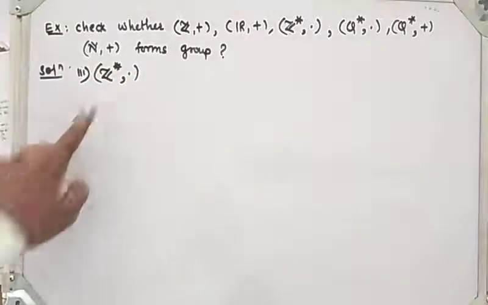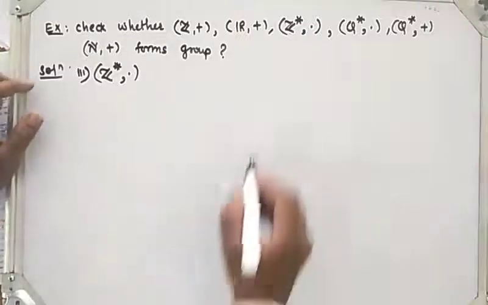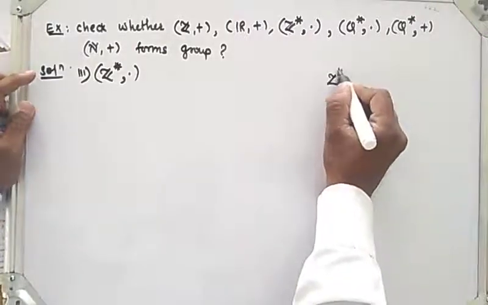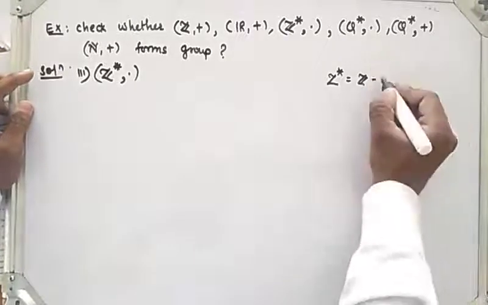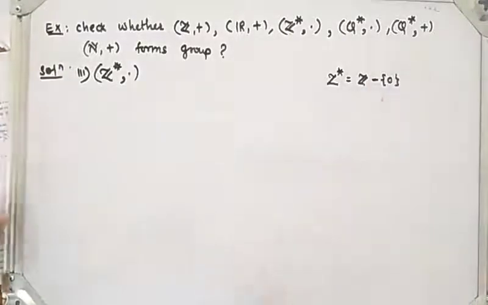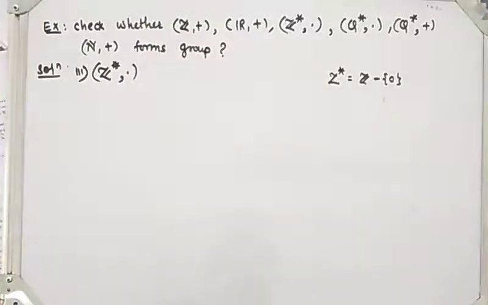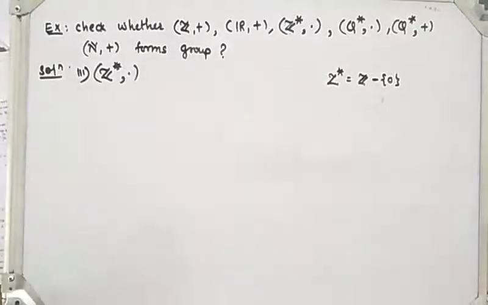Here G is Z star. We know that Z star is Z minus the singleton 0, which is the non-zero integers. Here the operation is multiplication.